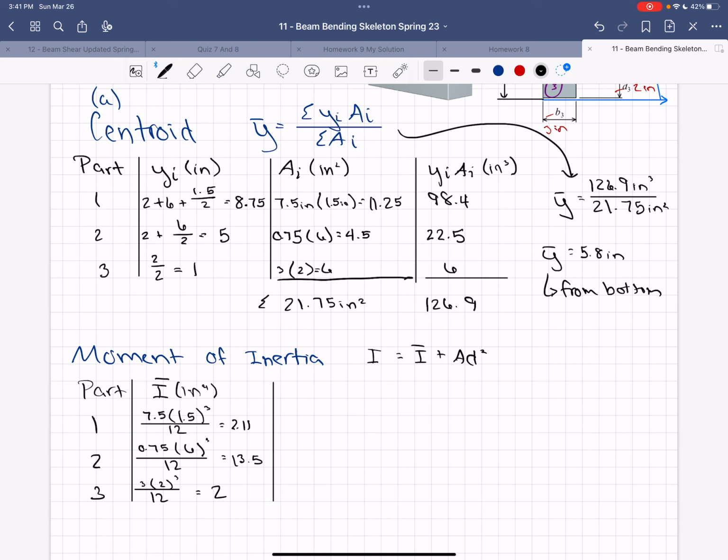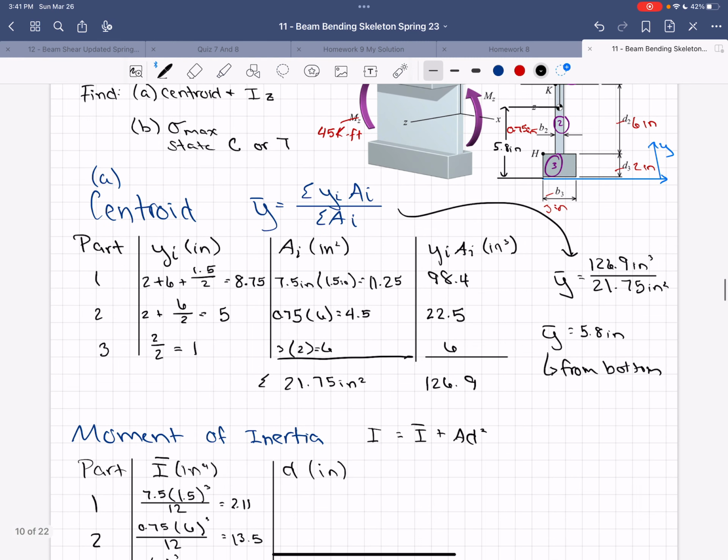Okay, so we have the areas up above. Now we need to find the distance, d, in between the centroid of the whole part and the centroid of the individual parts.